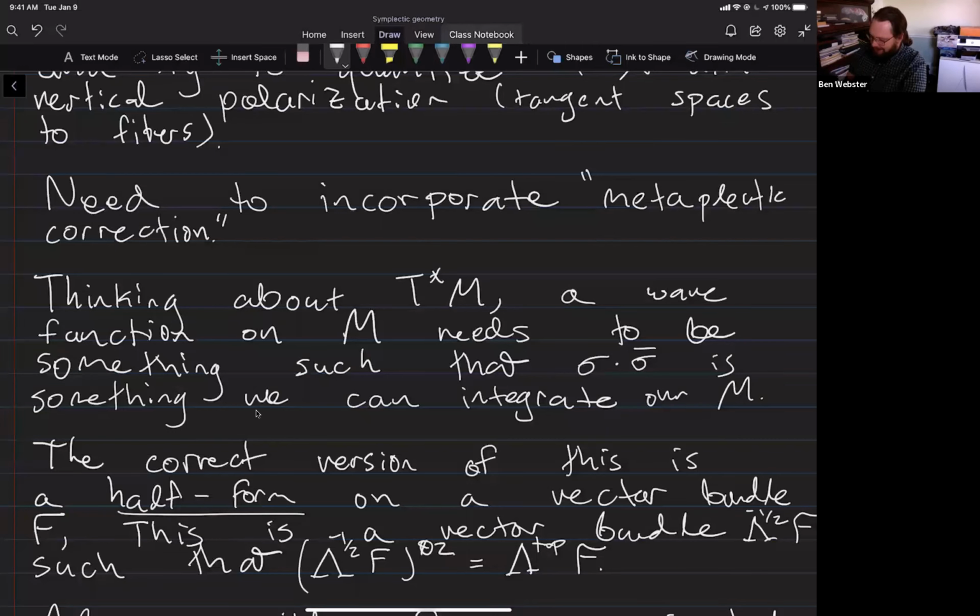So the correct version of this is what's called a half form. And maybe I'll try to get into more detail about how we construct these next time. The basic idea is if I have any vector bundle, it has a top power, and a half form is a section of some line bundle whose tensor square is that top wedge power.